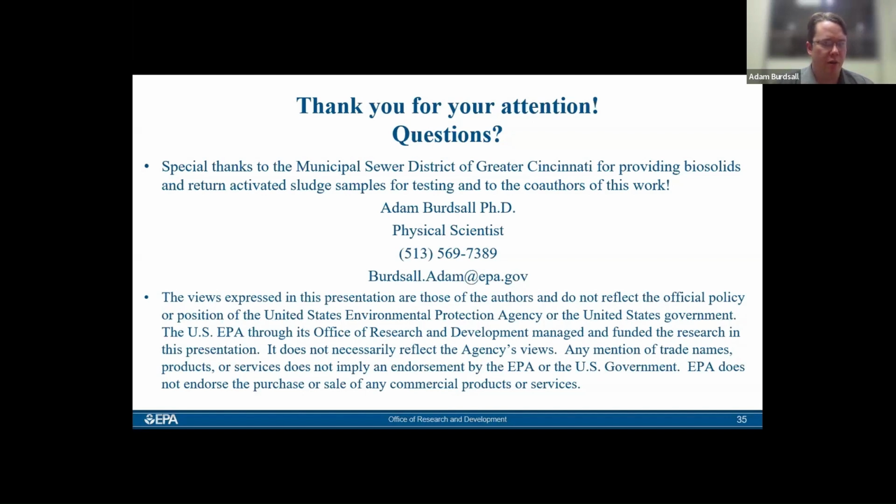But as I recall, you had to get at least one or two log units of removal for Class B. And Class A is supposed to be considerably better, close to complete removal, if I'm remembering right.